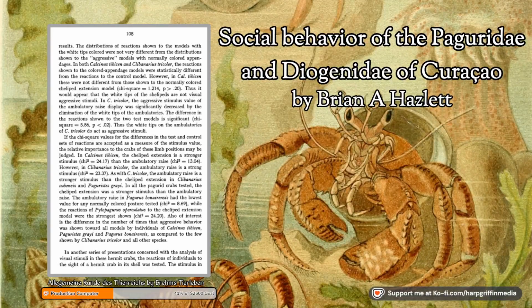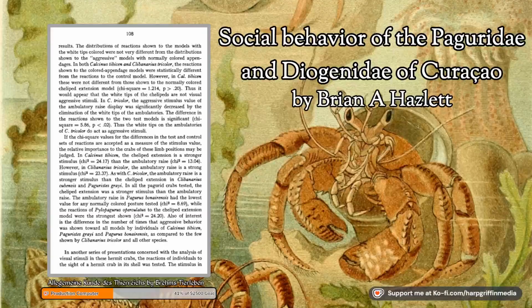Chi-squared equals 24.20. Also of interest is the difference in the number of times that aggressive behavior was shown toward all models by individuals of Calcinus tibicen, Paguristes grayi, and Pagurus bonarensis, as compared to the few shown by Clibonarius tricolor and all other species.